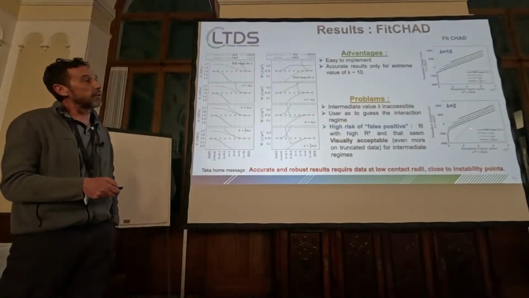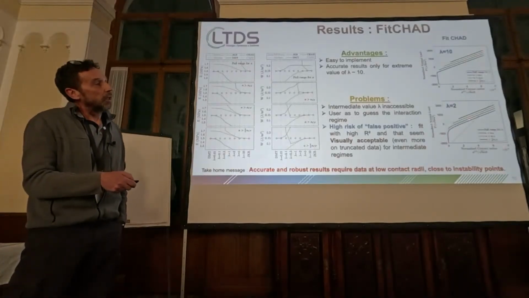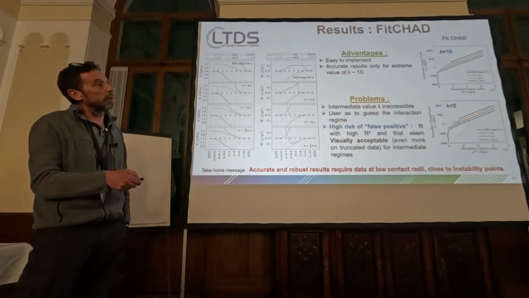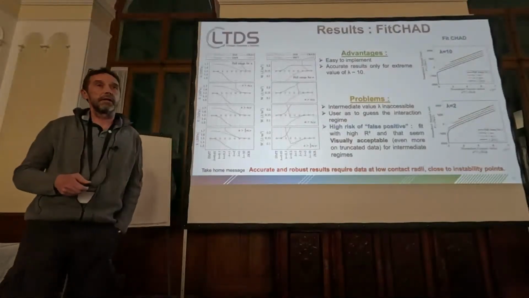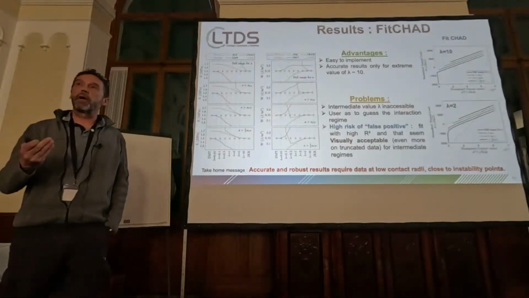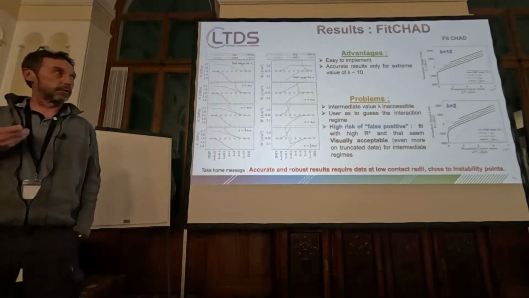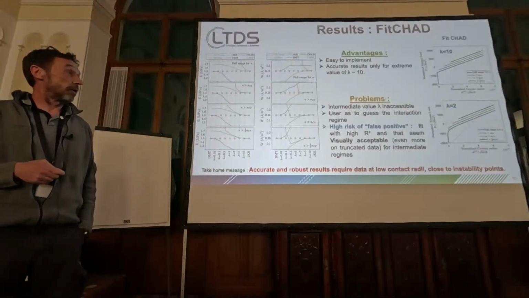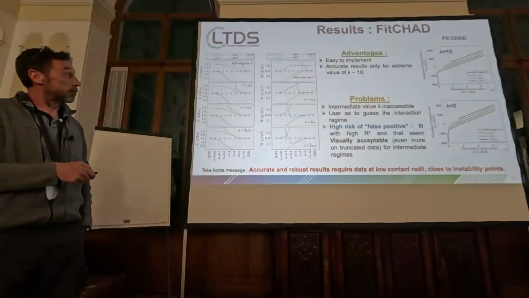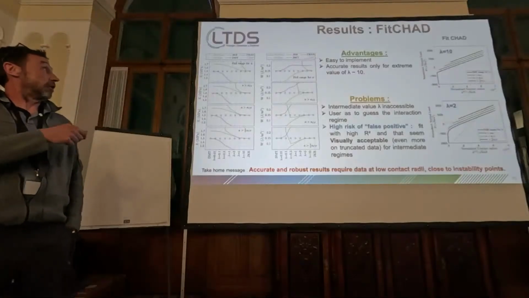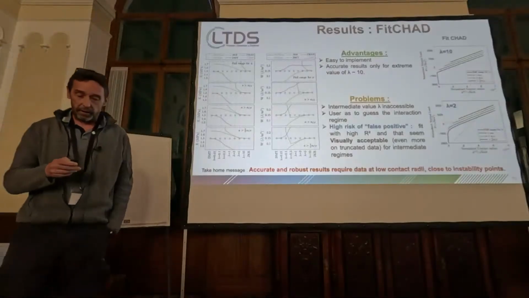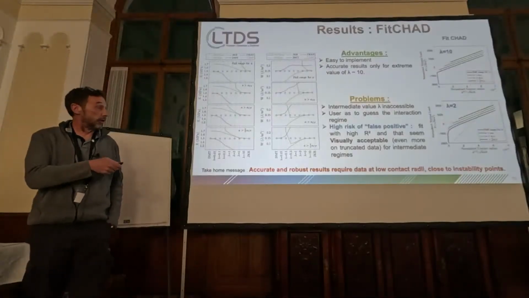But again, this is not physical. If you have truncation of your data, you may think your data are linear, so you may think you are in a GKR behavior. You may think that you extract the good value for your experiment, but in fact, there is a huge error on the Young modulus and also on the adhesion energy.